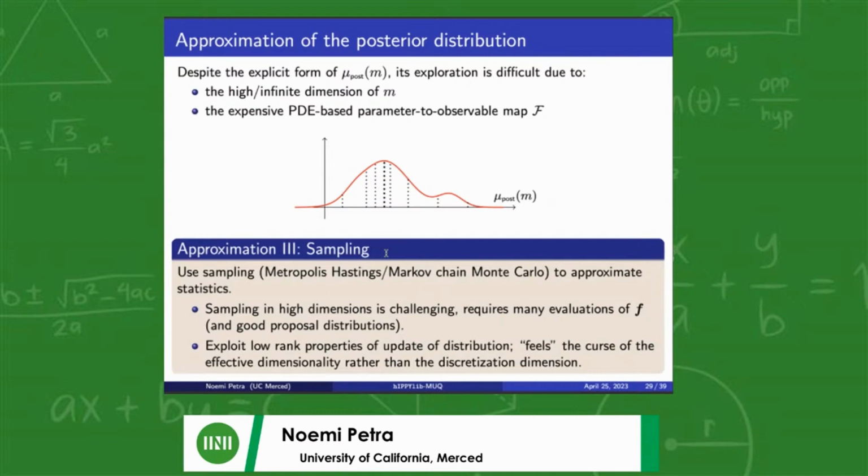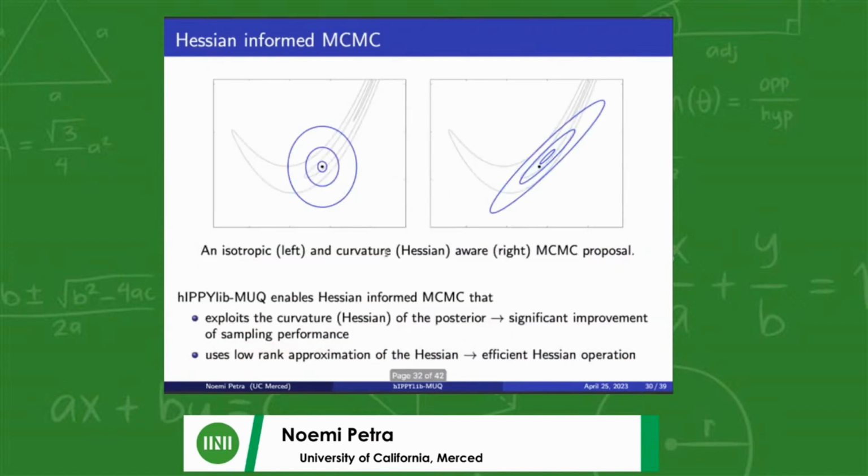But sampling in high dimensions is challenging, as probably many of you know, because it requires many evaluations of the forward problem. As I will show you, it's quite important to exploit low-rank properties of the Hessian if you use Hessian-based proposals and improve on the computational complexity of this method.